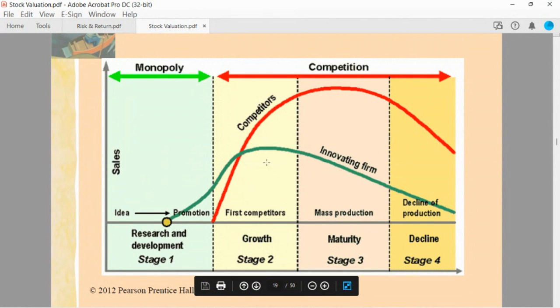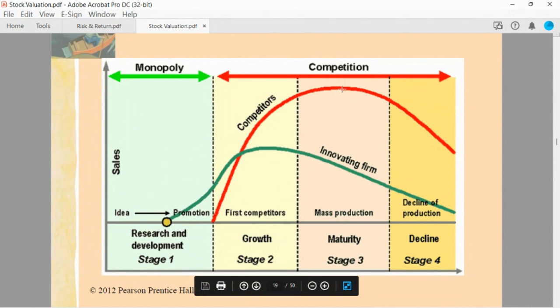How can it be maturity when it is declining? So the maturity here doesn't mean the maturity of the innovating firm only. It means the maturity of the entire industry, because stage two, which is growth, is the growth of the industry, not just the innovating firm.